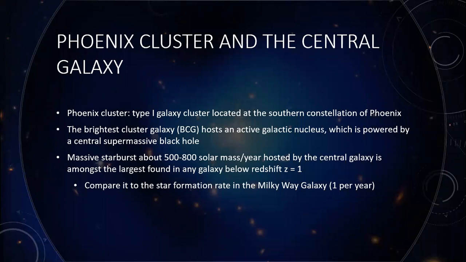Here, I want to give a brief introduction of the Phoenix cluster and its central galaxy, which is the target galaxy we'll study. The Phoenix cluster, and by the way, is shown in the background picture, is a type 1 galaxy cluster located in the southern constellation of Phoenix.